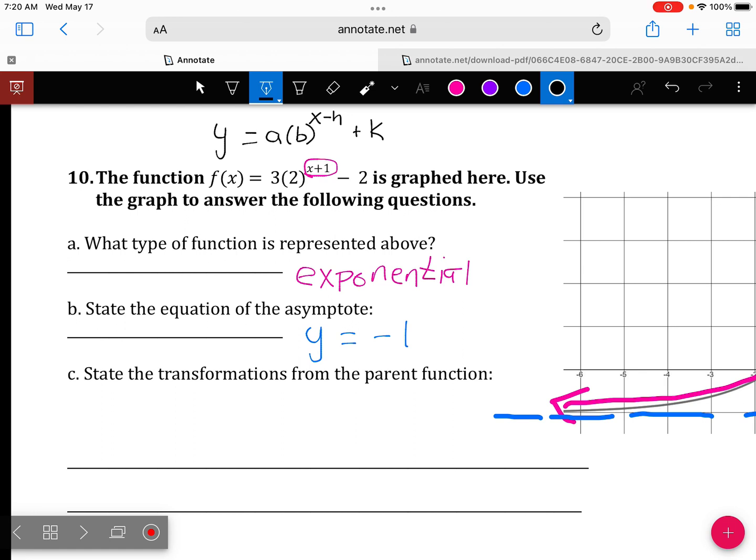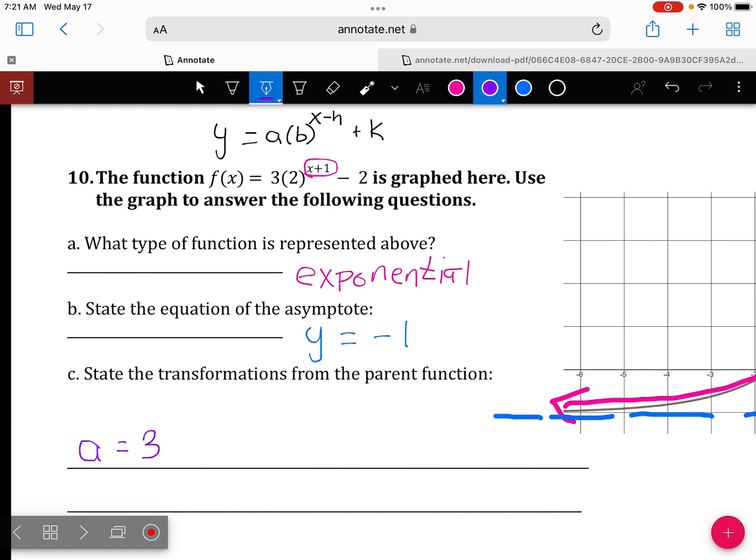Looking at that equation, let's start with what's A? A is 3. 2 is our base. So 2 does not have transformation. 2 is just where it is. So our A is 3.